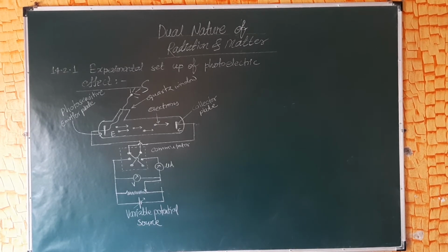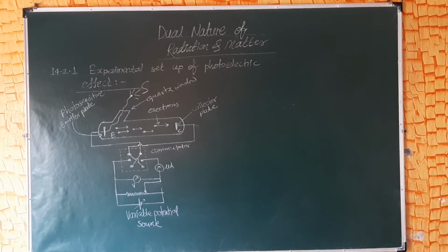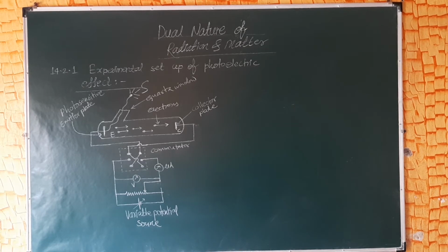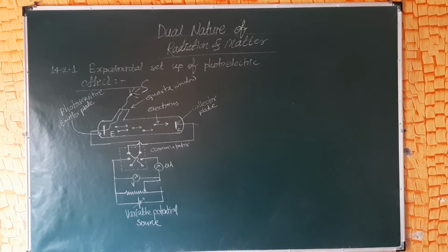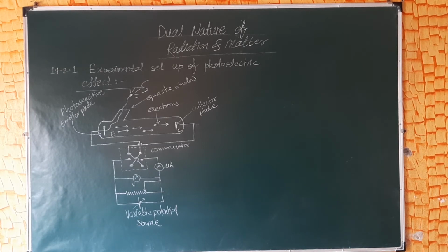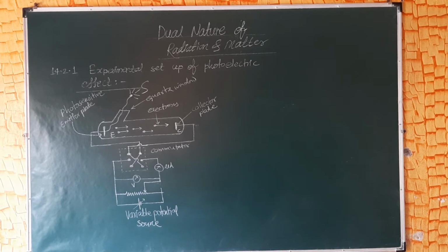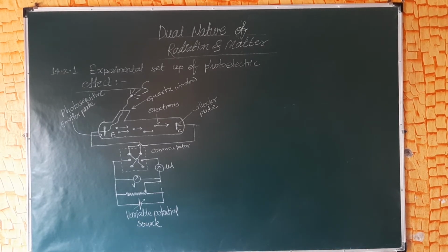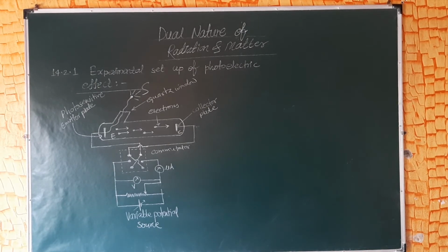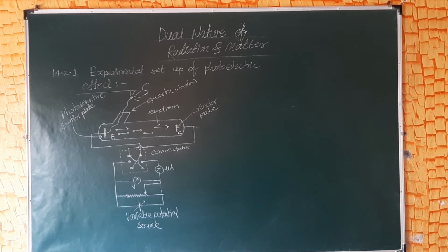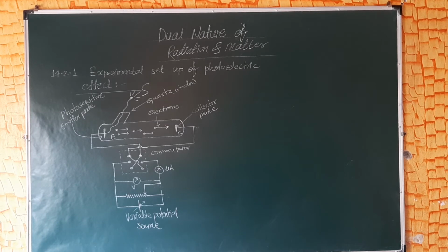The source S of monochromatic light, corresponding to only one specific frequency of sufficiently high frequency, wavelength of the order of 10 raised to minus 7, is used. Light is made to fall on the surface of the metal plate E, and electrons are ejected from the metal through its surface. These electrons are called photoelectrons, which are collected at collector C. They are given this name to indicate that they are emitted due to incident light.